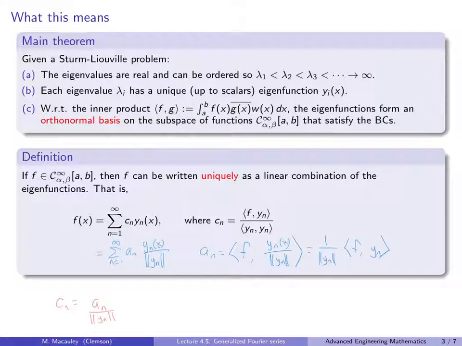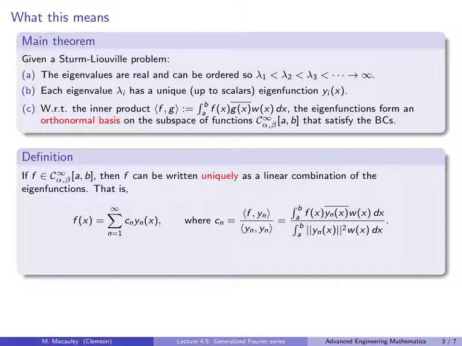So if this is a n, then c n is this thing divided by norm y n, which is f dot y n divided by norm y n squared, which is f dot y n divided by y n dot y n. And that's where this formula for c n comes from.